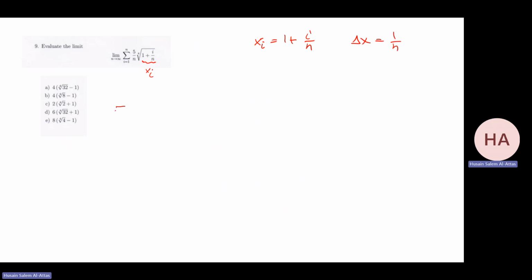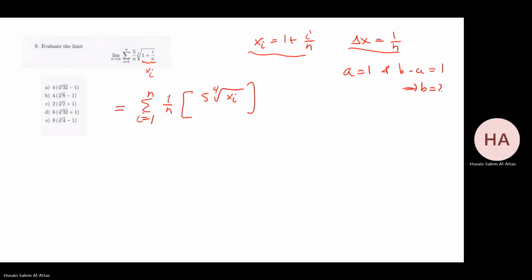So this sum, I can rewrite it: summation i equals 1 to n, 1 over n times 5 fourth root of xi. So this is xi and this is delta x. So a equals 1 and you have b minus a equals 1, so b equals 2.